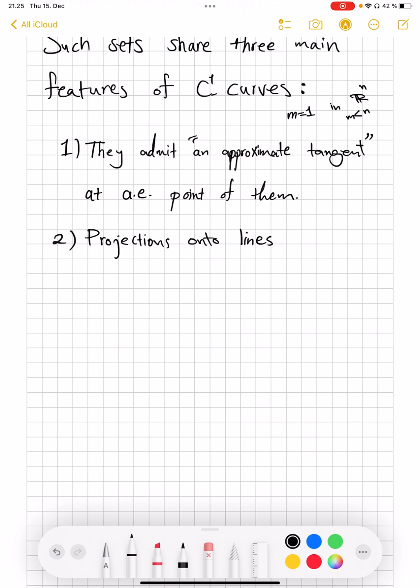So projection of this set onto, again, we have to sacrifice something, almost every line has positive H1 measure.